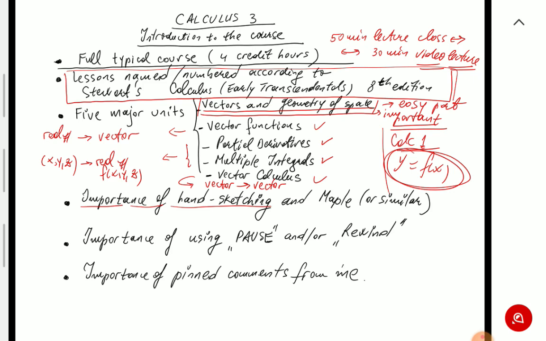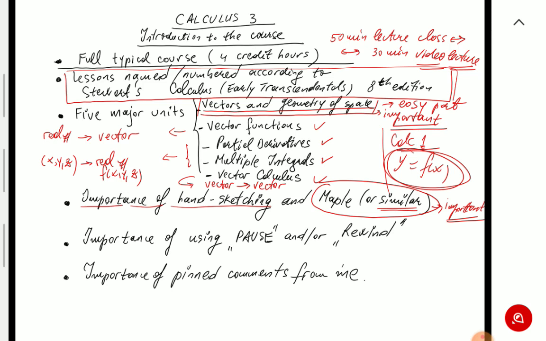Whenever, of course, we need a more accurate picture, we're going to make use of Maple, in my case, or any computer algebra system. These Maple presentations that will happen occasionally when we go over this class are important again. It's very important to see exactly how stuff looks in reality, and that's why you use a computer algebra system.